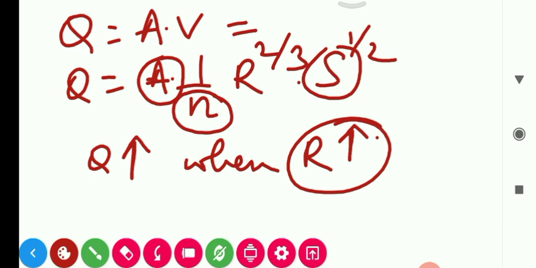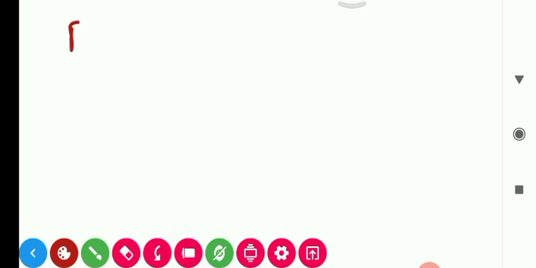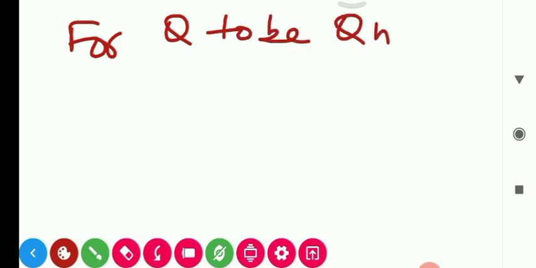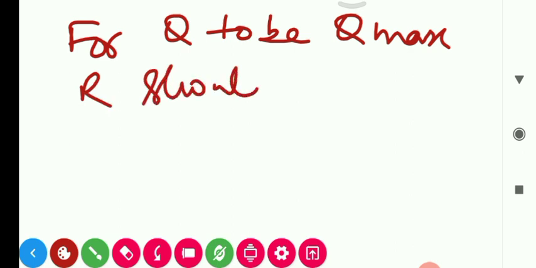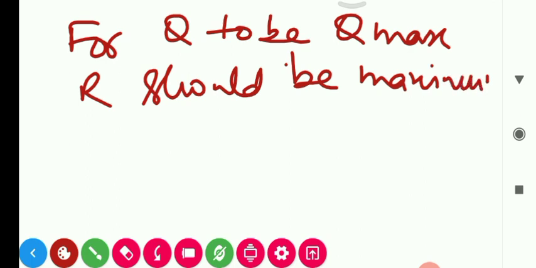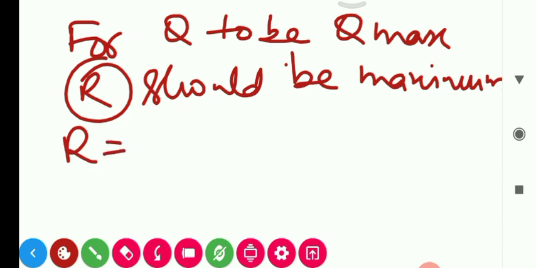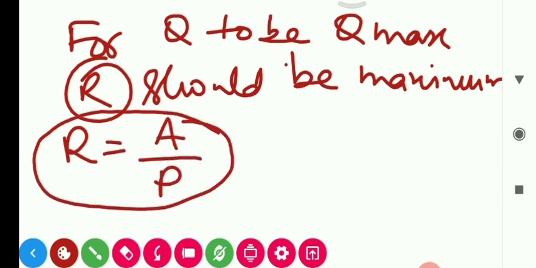Okay, so for Q to be Q max, R should be maximum. Okay, so what is R? R is wetted area by wetted perimeter. So for R to be maximum, we need perimeter to be minimum.